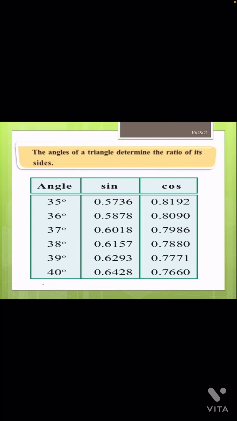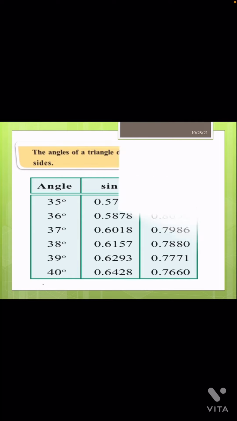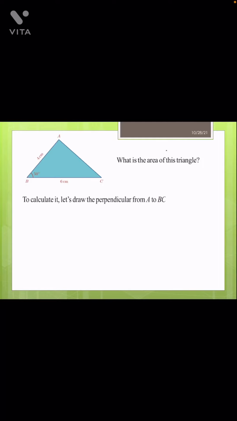Let's look at a problem worked out using sine and cosine. Here you can see a figure. What is the area of this triangle? To calculate the area of the triangle, let's draw the perpendicular from A to BC.